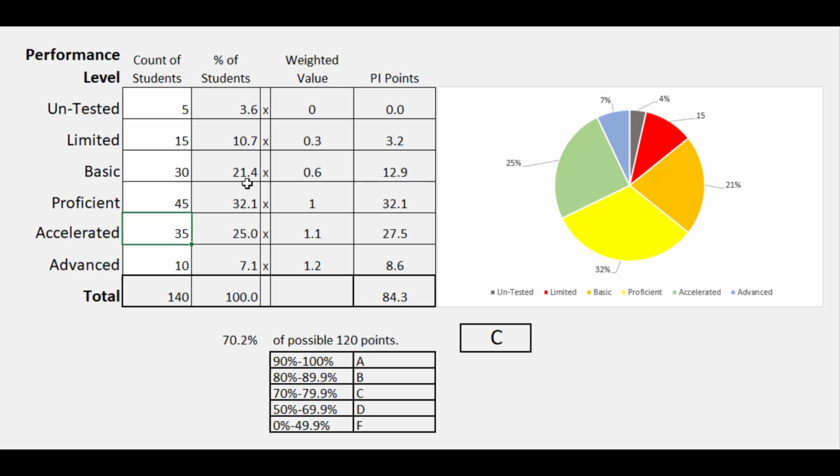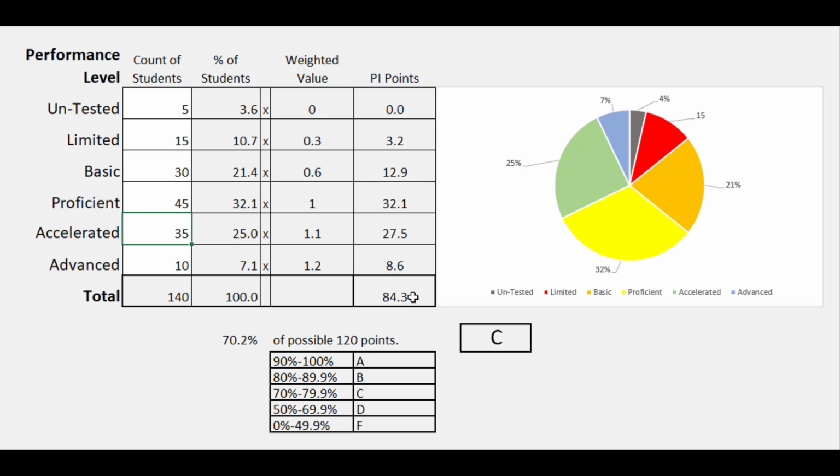As we move down the list, each performance level goes up in their weight. So it will always be the percent of students, in this case 21.4% of the students were basic, 21.4 times the 0.6 gives us the performance index points. Once we've done that calculation for all the performance levels, we get the total performance index, 84.3.